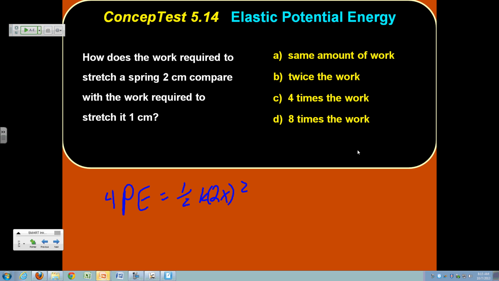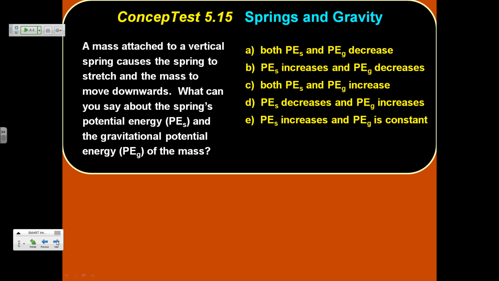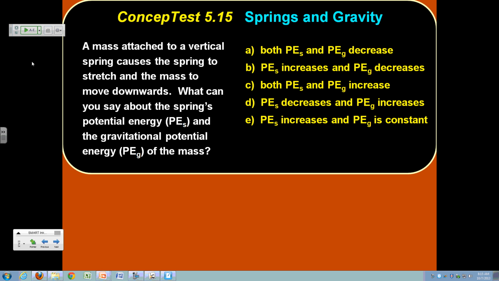If you put twice the work, you probably just forgot the squared, right? A mass attached to a vertical spring causes the spring to stretch and the mass to move downwards. So I have a spring here, but then I attach a mass to it, and it goes down like that. What happens to the spring's potential energy and the gravitational potential energy of the mass?